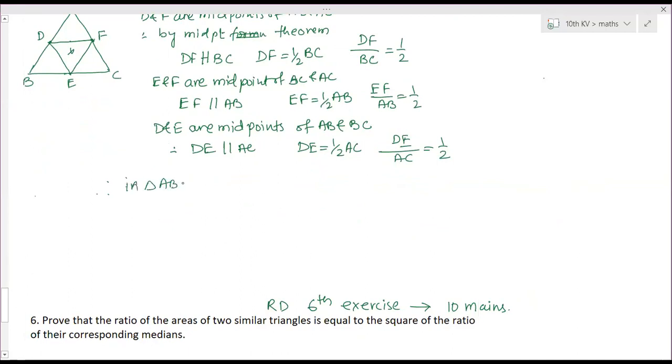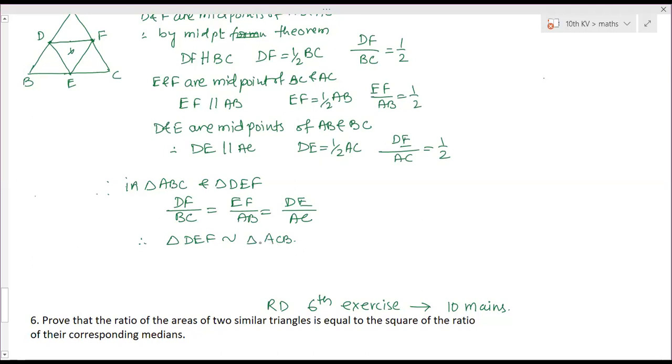So therefore, in triangle ABC and triangle DEF, DF by BC is equal to EF by AB is equal to DE by AC. So therefore, triangle DEF is similar to triangle... So it is ACB.